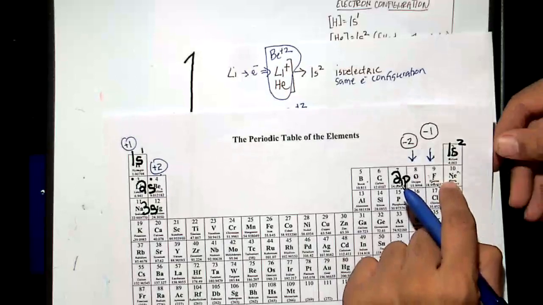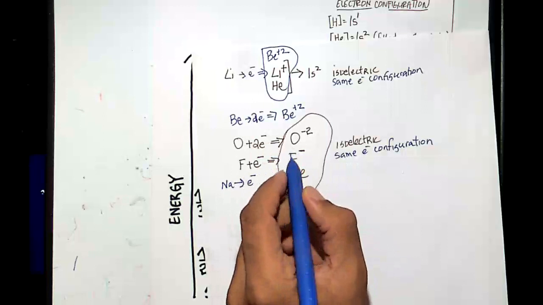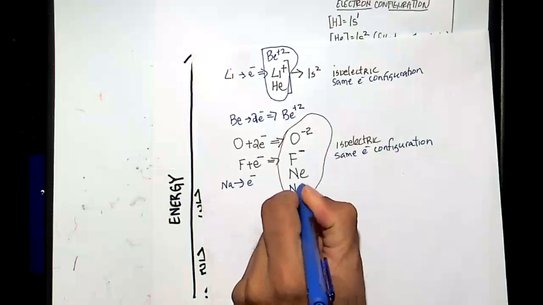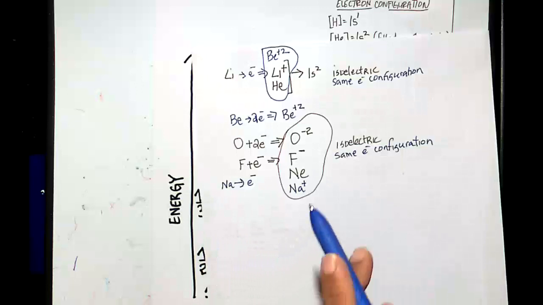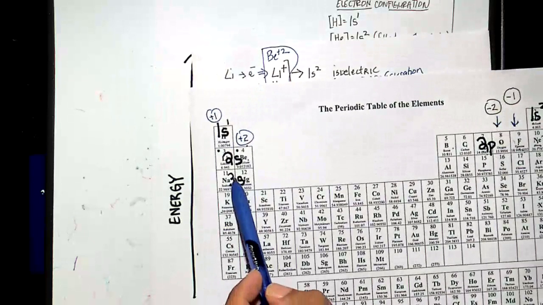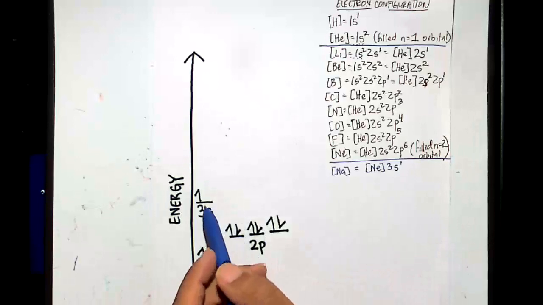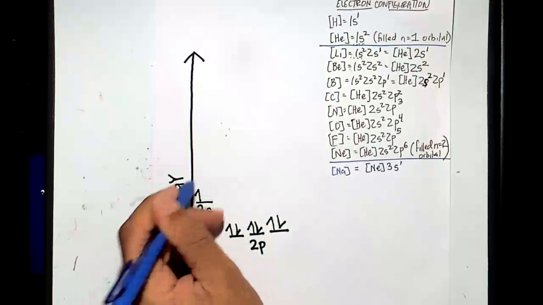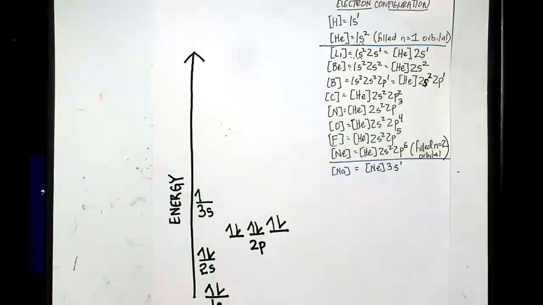It loses 1 to become 10. So now we say O2-, F-, and Na+ have the same electron configuration as neon. This is why Na likes to be Na+, because it will have a filled n equals 2 orbital. It loses this valence electron, and bam, it becomes noble.